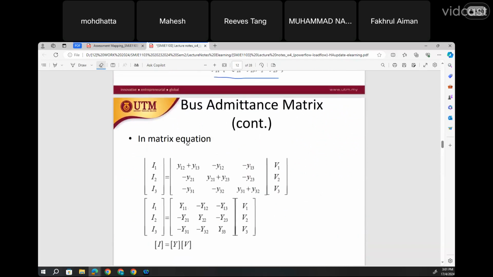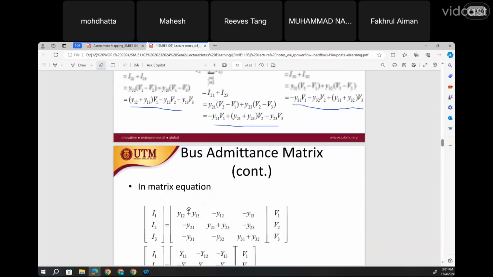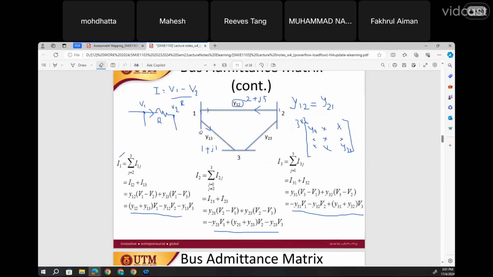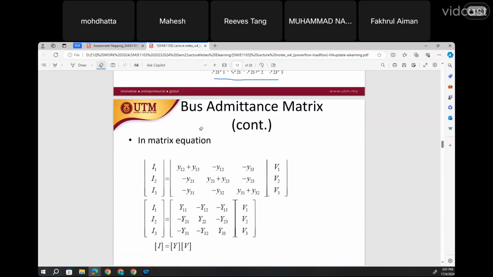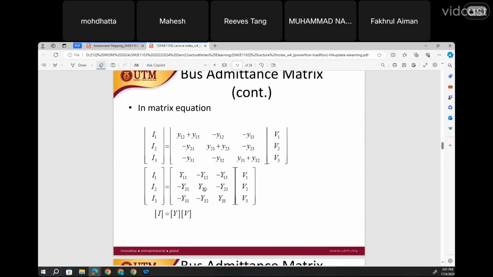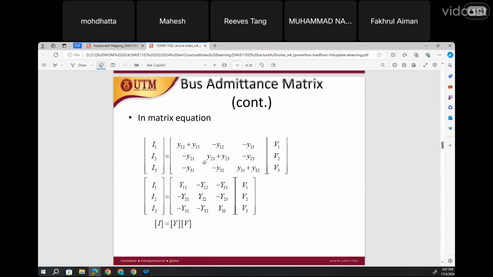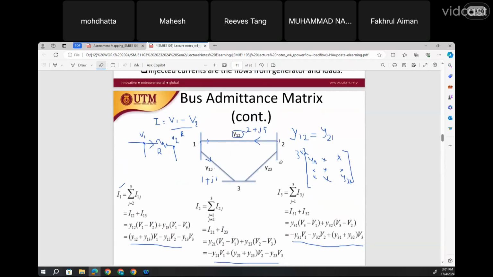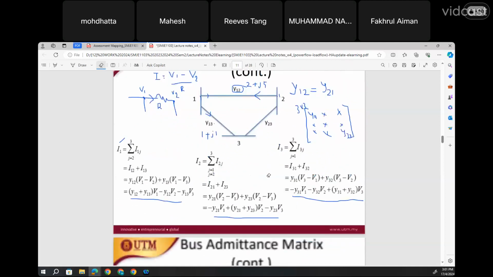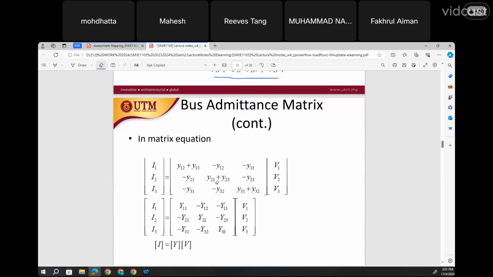You can also say that Y11 is actually the total admittance connected to bus number 1, and big Y22 is the total admittance connected to bus number 2, coming from Y21 and Y23.